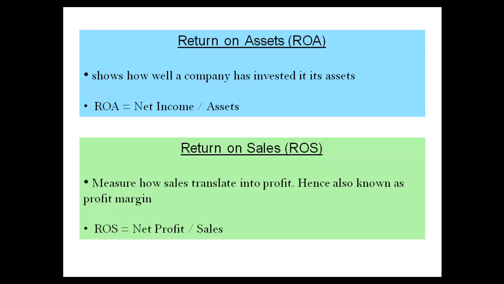Hence, it is also known as profit margin. ROS equals net profit divided by sales. For example, if a company earns $10 for every $100 in sales, the ROS is 10 by 100, or 10%.